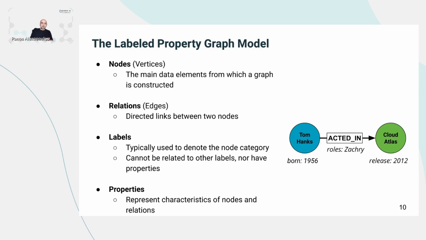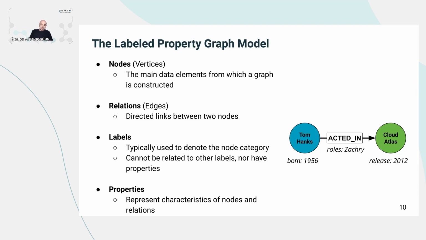Finally, we have properties. Properties represent characteristics of nodes and relations. So, for instance, if we want to model the year of birth of Tom Hanks, then we can create a property on that node called born with a value 1956. Or if we want to have the release date of Cloud Atlas, we can have again a property release with a value 2012.